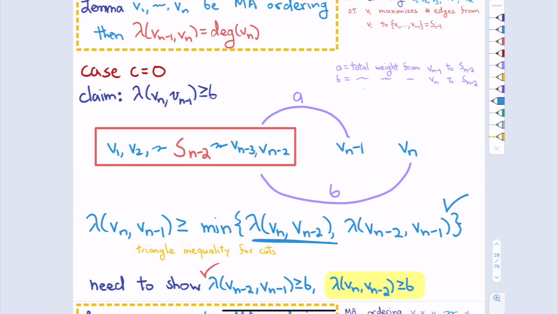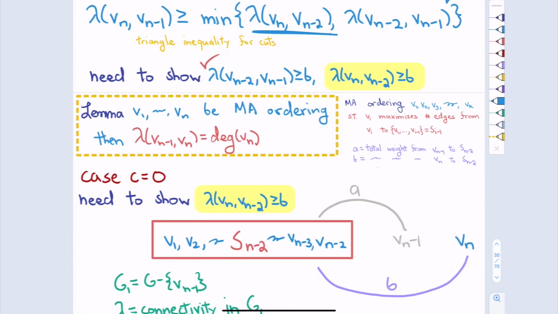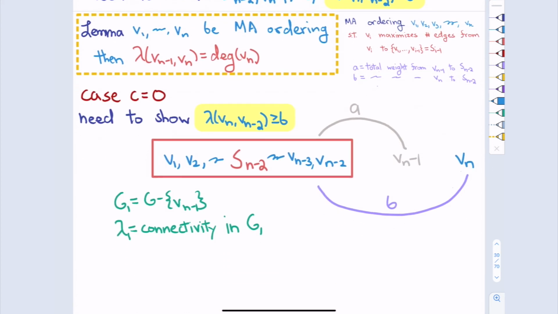Okay. And we'll do something similar. So last time I said, imagine you got rid of the last vertex, you still have an ordering of the first n minus 1. The same would apply if I got rid of the second to last vertex. So if I got rid of Vn minus 1, Vn would still come last.